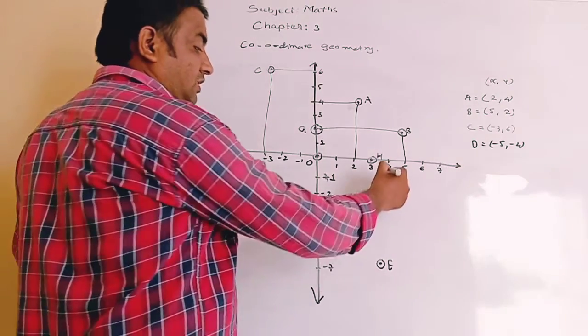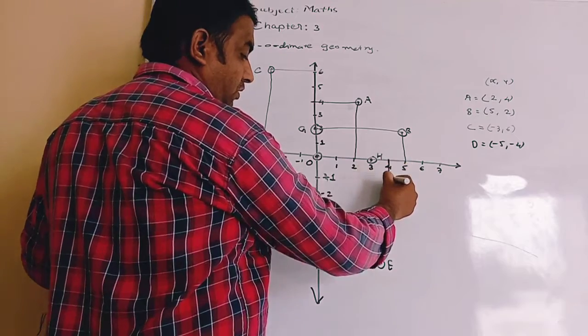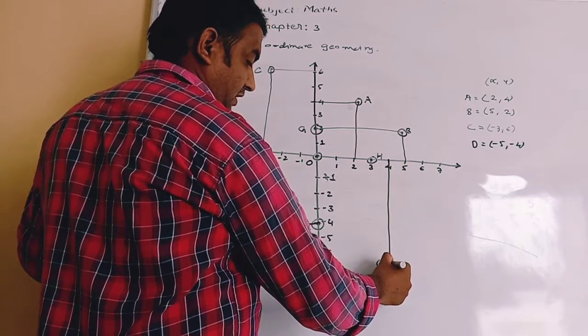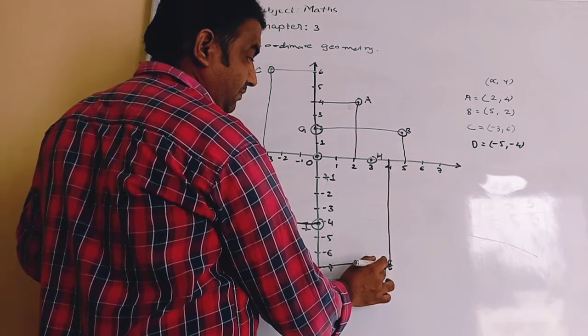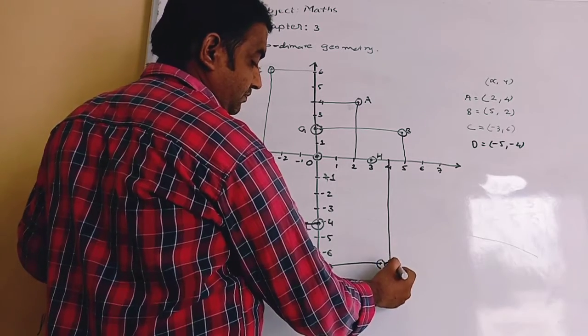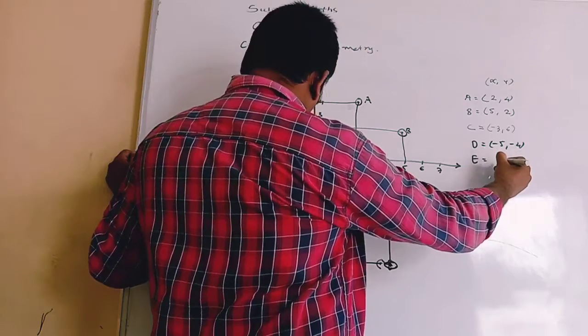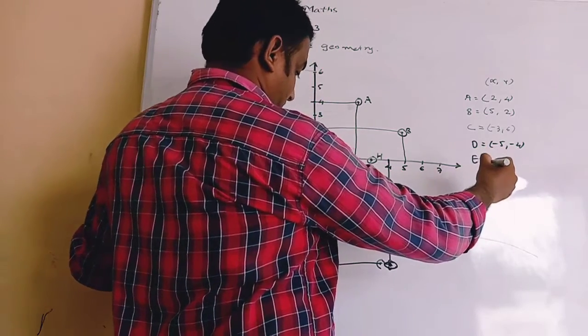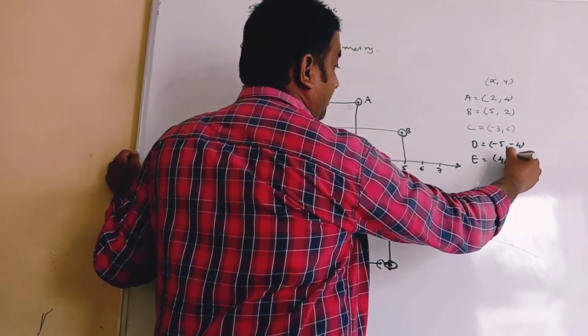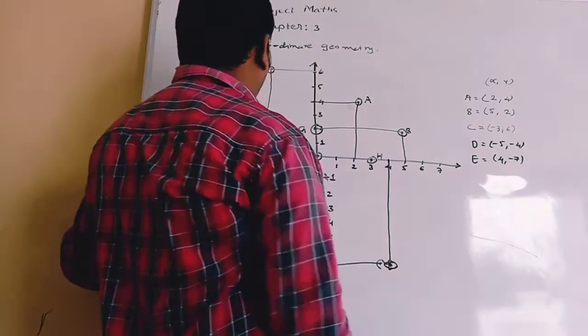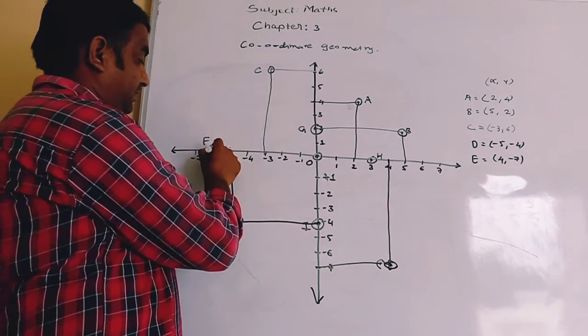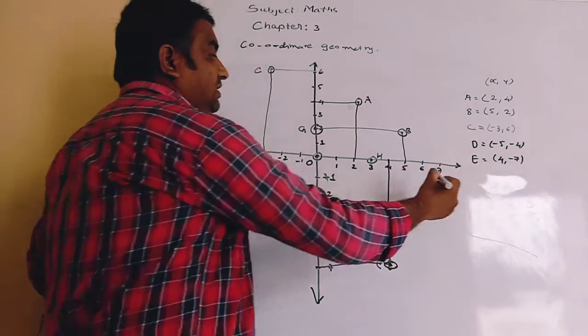Now if we want E's location, from 4 we construct here from -7. So it will show that E's location will be 4 and -7.